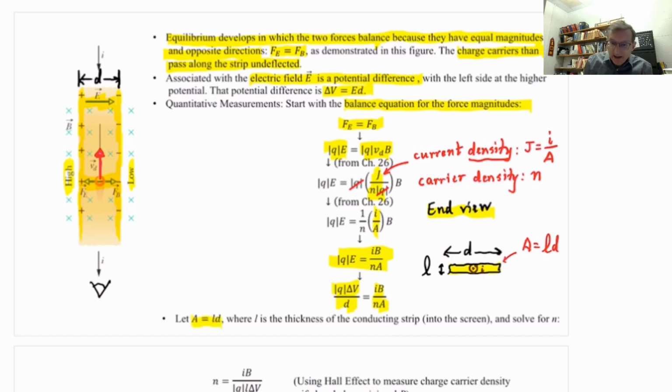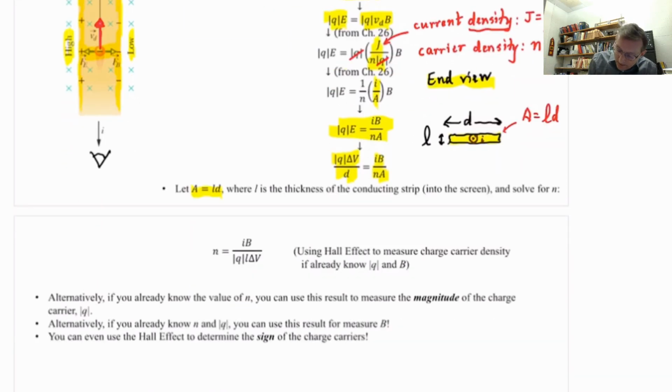Let me write down what that gives you. Let me just write it right here beneath where I was. Magnitude Q, potential difference delta V across the strip over D equals IB over NLD. Then the D cancels. And then what I did is just solved it for N, the carrier density. That's one possibility.